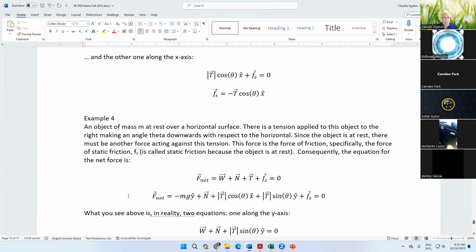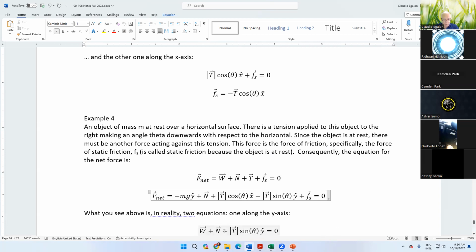Here is the vectorial equation: weight, normal, tension, and the force of static friction. The x component of the tension is going to be positive in this case, but the y component of the tension in this specific example is going to be negative.